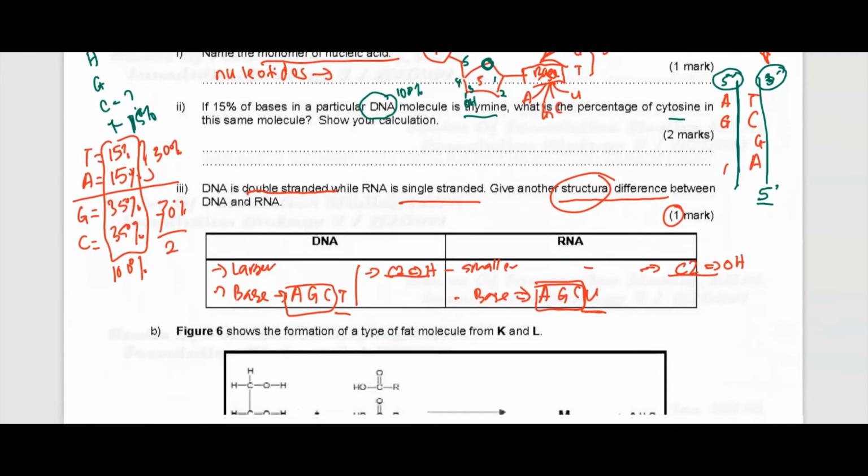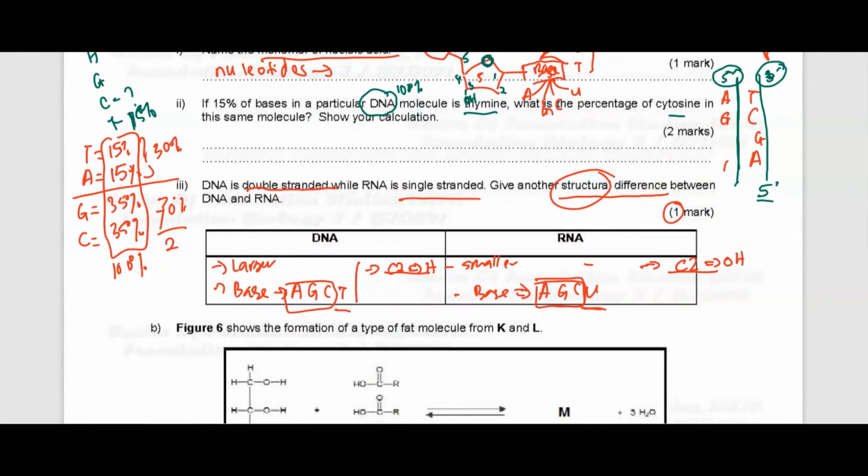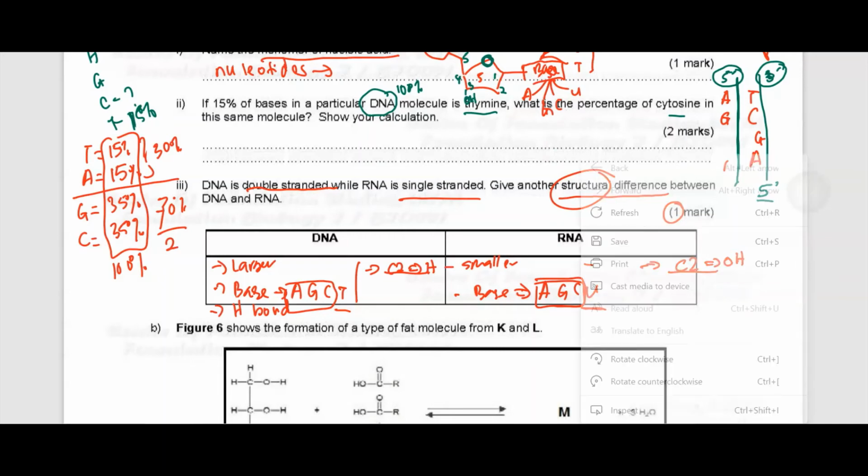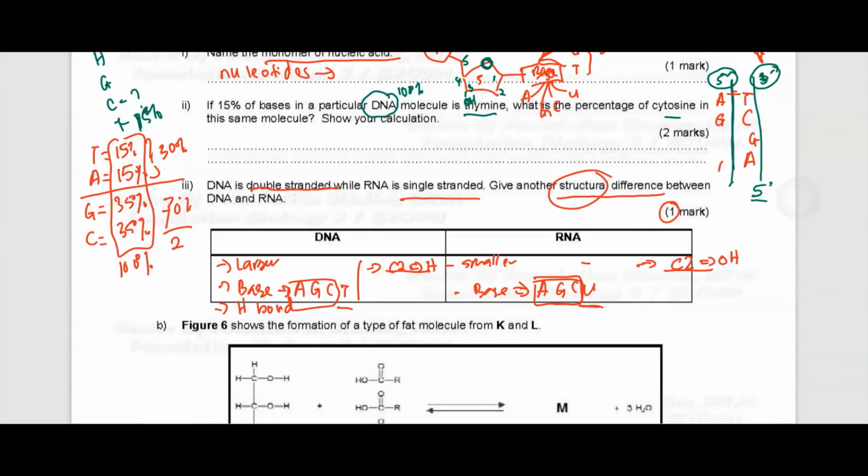Another answer that you could write: because DNA is double stranded, there's presence of hydrogen bond that is present between the two bases, the pairing of the two bases on the complementary strand. So you have the complementary strand here, adenine and thymine. So there's presence of 2 hydrogen bonds.